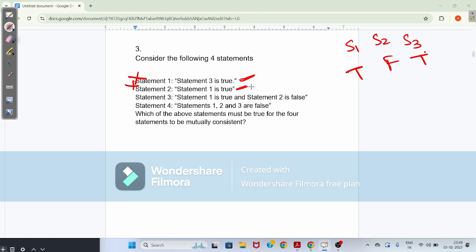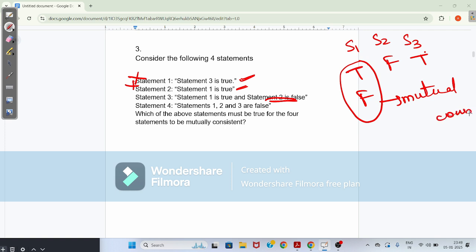Statement 1 is true, means here it is saying statement 2 is false, means this one also will be false here. So this is also becoming a mutual inconsistency, or paradox. It has been formed here. So this is the contradiction of the statement. So statement 3 is also false.